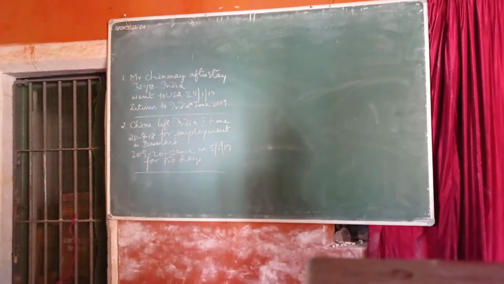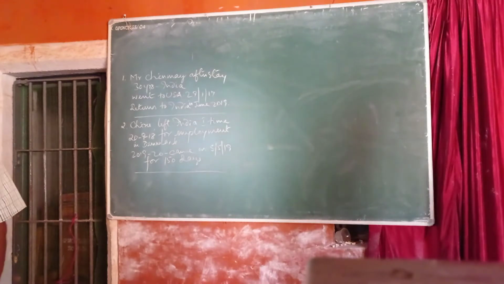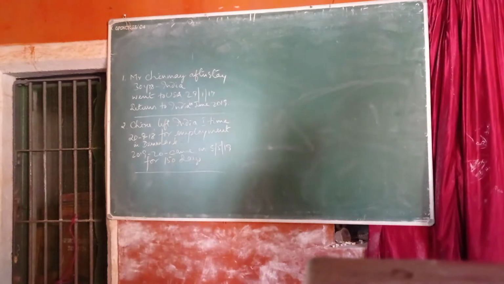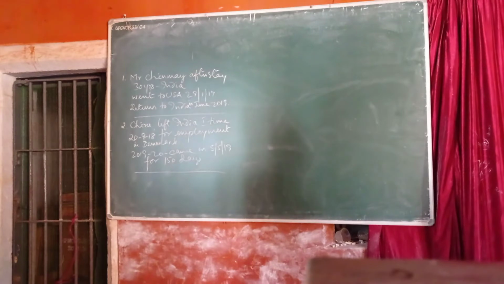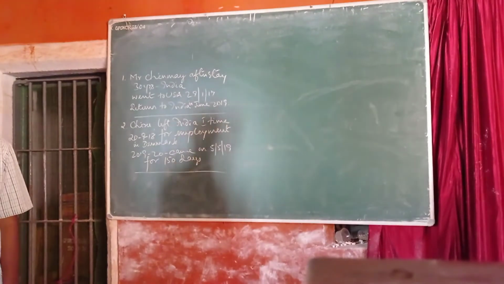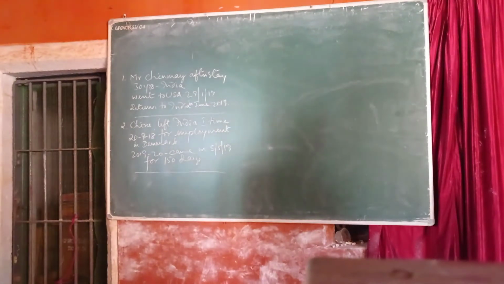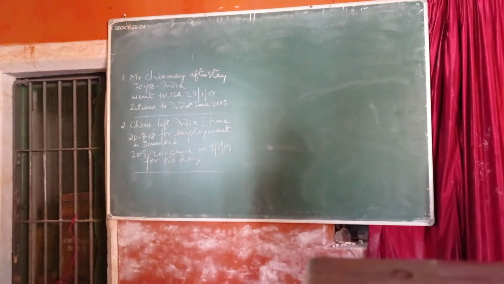If an individual satisfies, in addition to the basic conditions, the additional conditions specified under section 6 subsection 6, he is a resident and ordinary resident. If the additional conditions are not satisfied, then he is called a not ordinary resident, and if the basic condition is not satisfied, then he is called a non-resident.